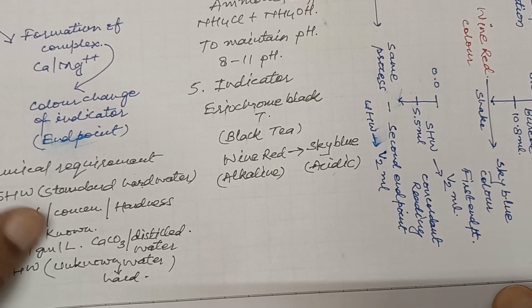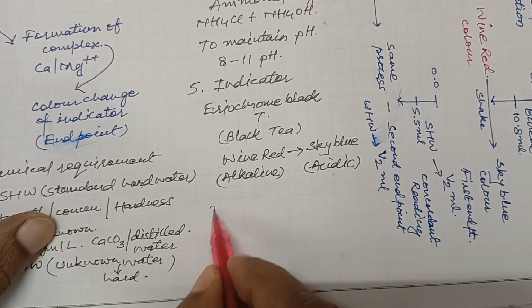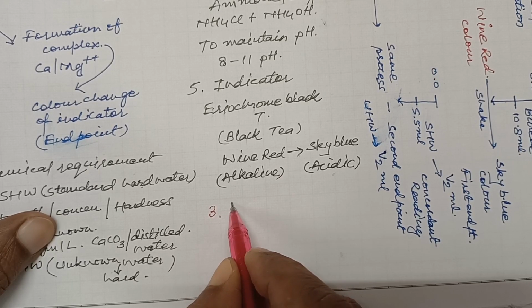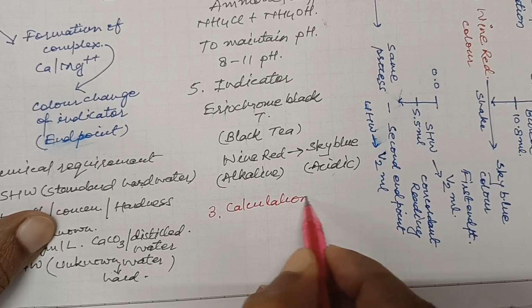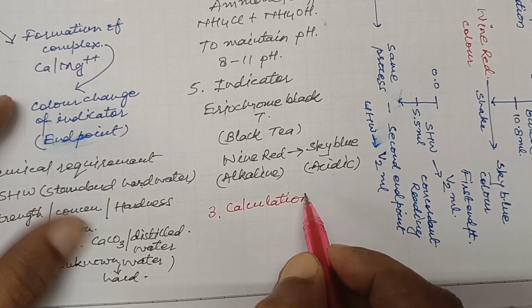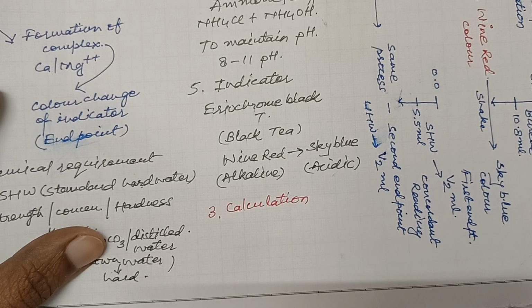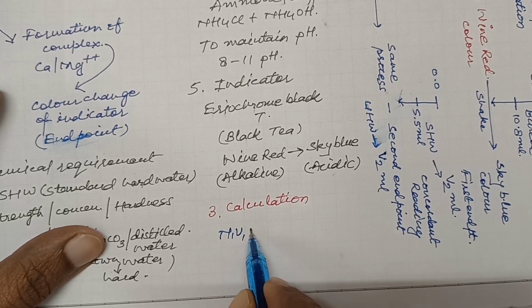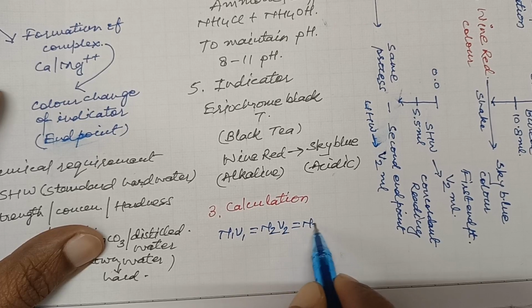Now after discussing the procedure, the third step is calculation. Calculation can be done by using a formula N1V1 = N2V2 = N3V3.